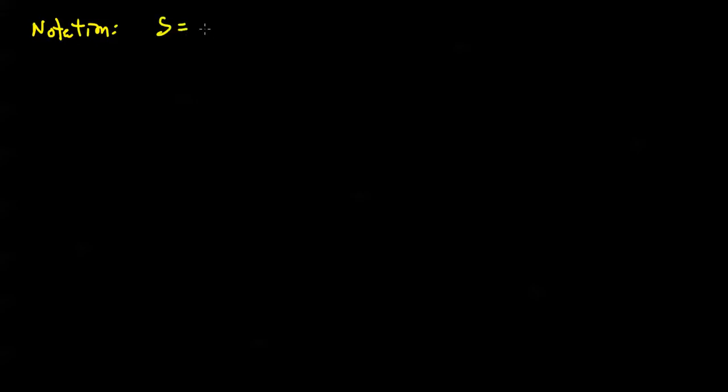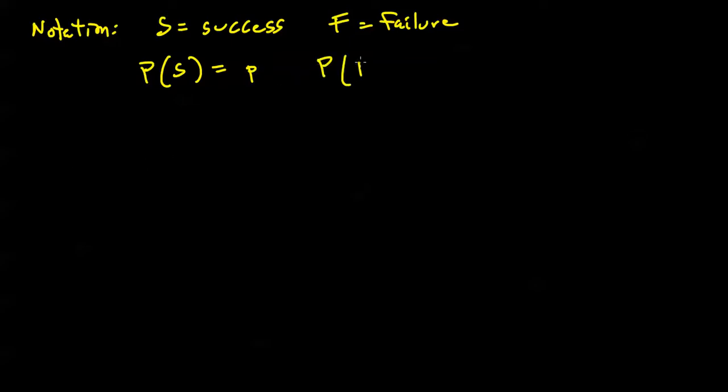I'm going to let S denote the event of a success, and capital F denote the event of a failure. Remember, it's either success or failure in any trial. I will let lowercase p denote the probability of success in any one trial, and the probability of failure in any one trial I will label q, and of course, because there's only 2 outcomes per trial, q equals 1 minus p.